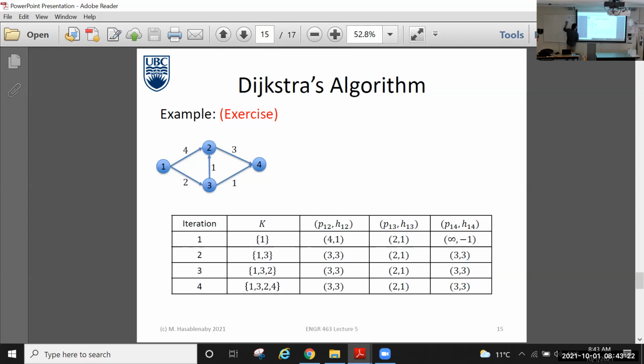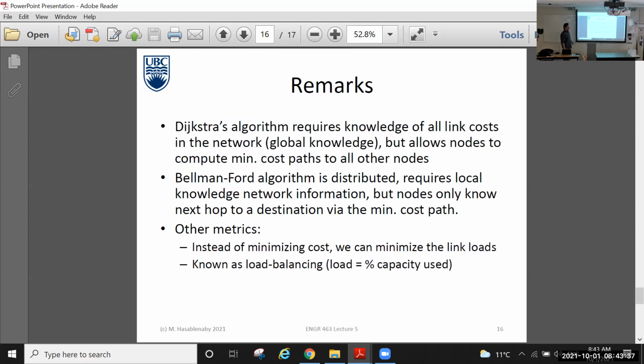Let's discuss together how to solve it. We want to go from 1 to 4. So we have 1, 2, 3, and 4.